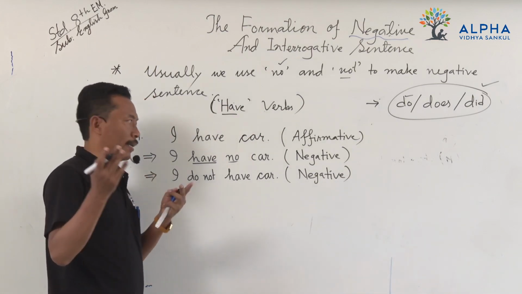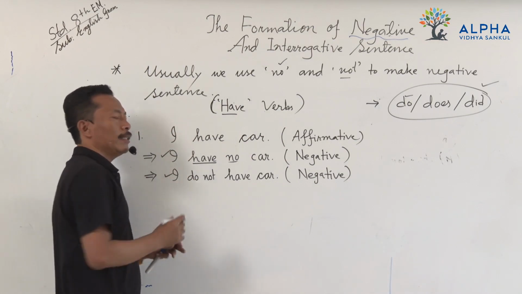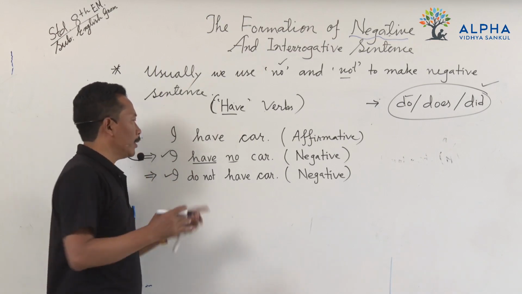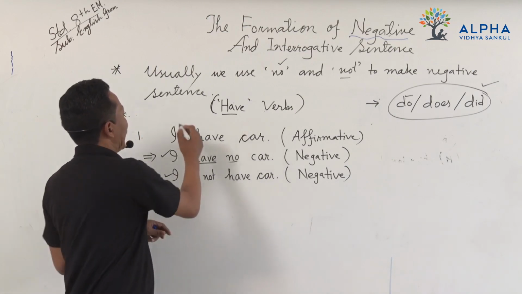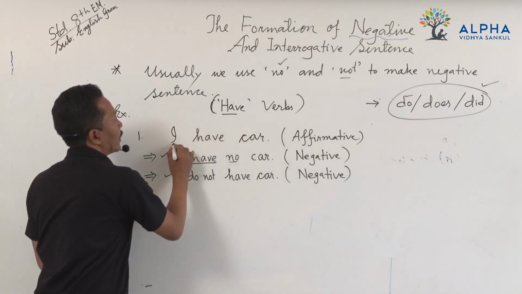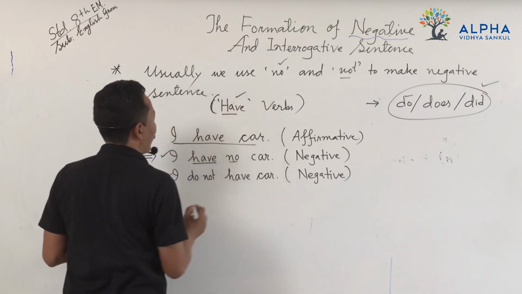Which one you like, if you want this, you can do. I'm giving you the information: we have two ways of changing from affirmative to negative for such types of sentences with have verb as a main verb.